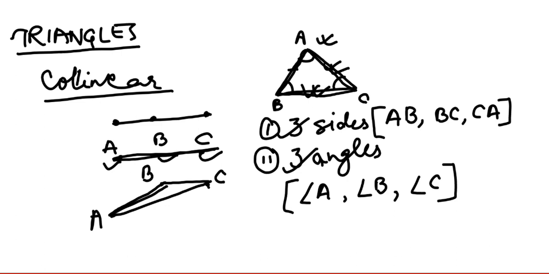And also on the basis of the measurement of the angles, what is the measurement of angle A, angle B and angle C, we classify triangles into different types, which we will be studying now. Let us start with the classification of triangles.